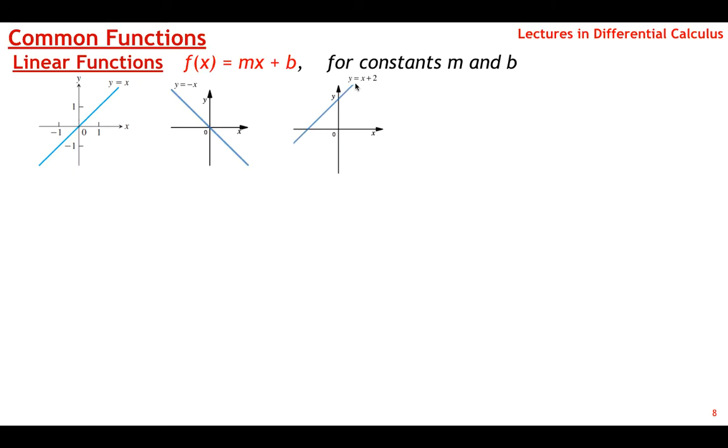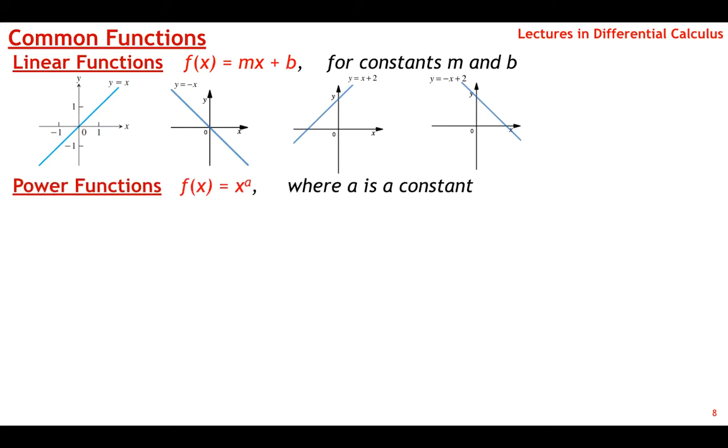This is a line with slope 1 and b value plus 2. We'll talk about this in the next few slides, how this curve is shifted up or down or left or right. Similarly, we can have slope minus 1 and b value plus 2, this line with a negative slope.